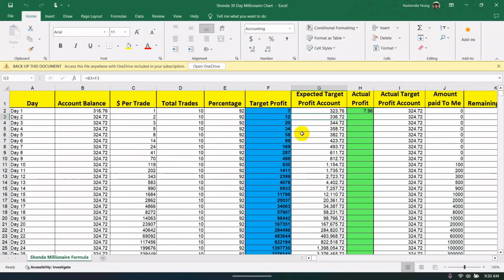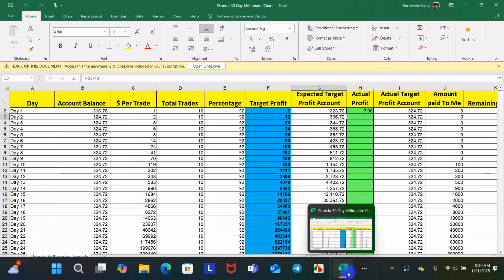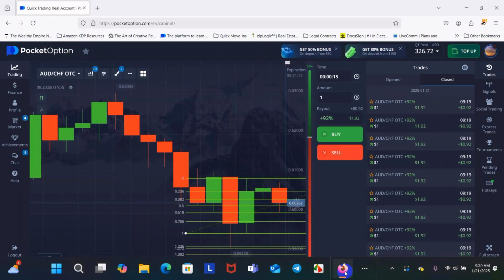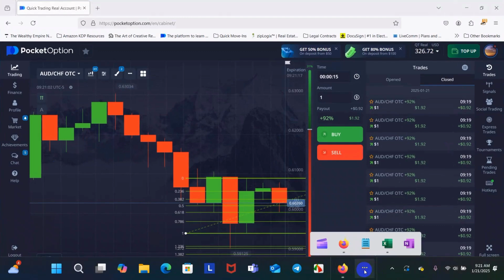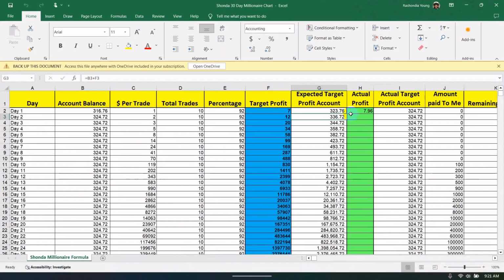So I'm not going to update this chart because we are a little bit above $324 in the account. We're at 326.72, but we did not hit the target for day 2.